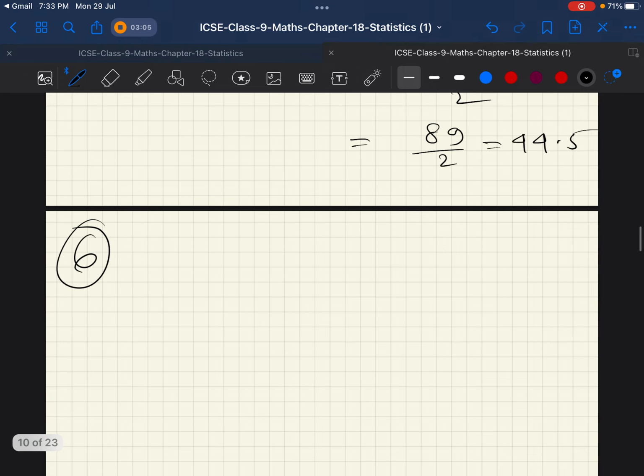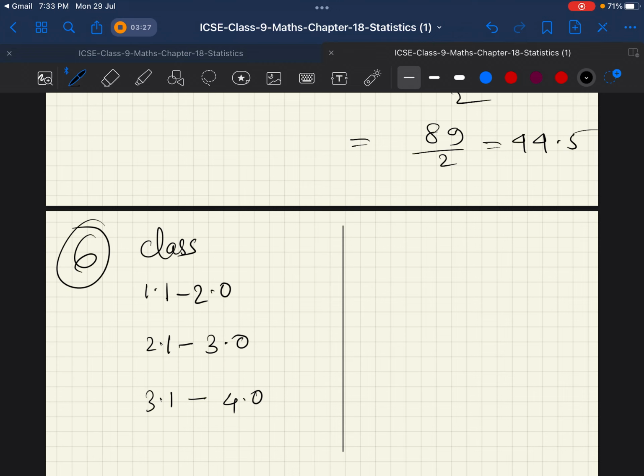Now question number 6. Here you see the classes are 1.1 to 2.0, 2.1 to 3, 3.1 to 4.